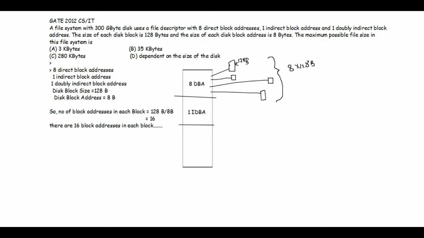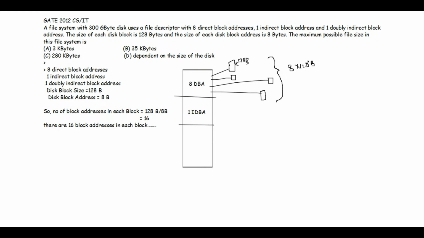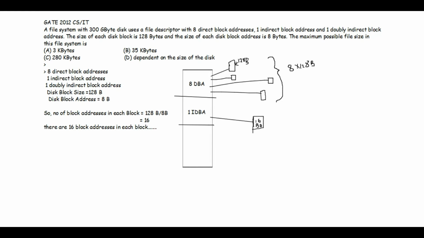So first it is pointing to a particular block which is having 16 block addresses, and then each address from that block is pointing to a particular block again. So if we use one indirect block address, we will have 16 into 128 bytes of memory.